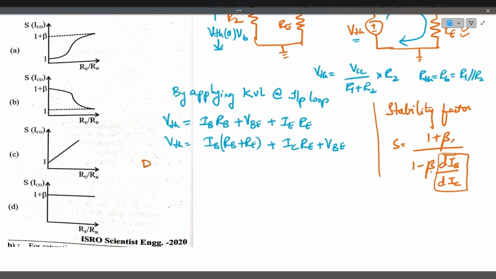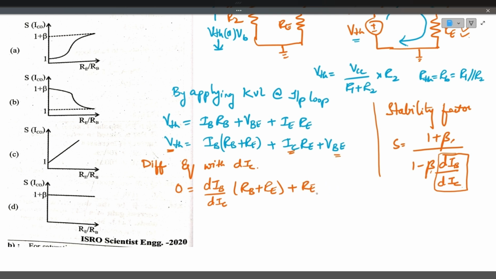Differentiating the above equation with respect to IC: V Thevenin is a constant, so it becomes 0. dIB by dIC remains, multiplied by RB plus RE. The differentiation of IC with respect to IC is 1, so RE remains the same.